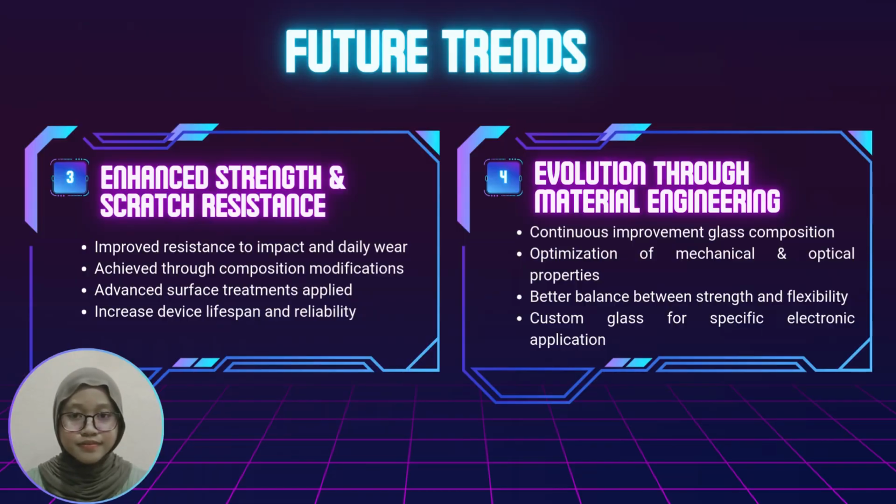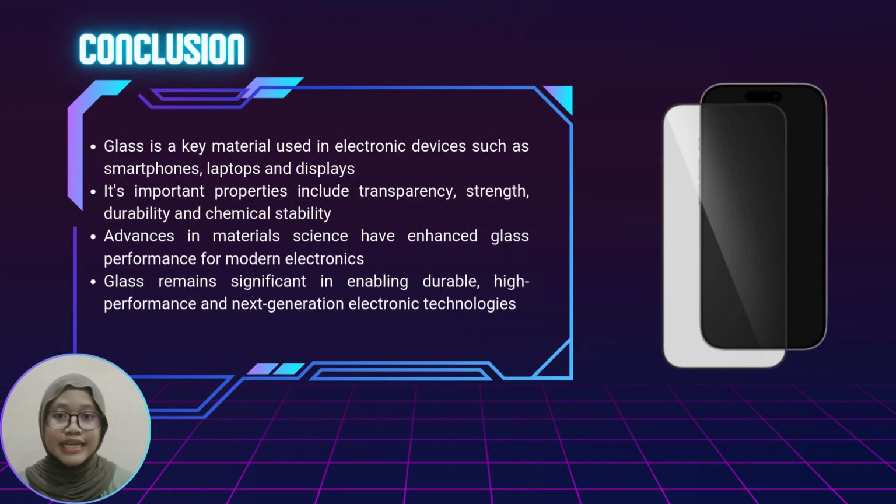In conclusion, glass is a key material used in electronic devices such as smartphones, laptops, and any display. It has important properties including transparency, strength, durability, and chemical stability, which make it ideal for electronic applications.